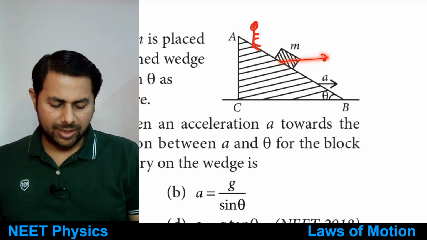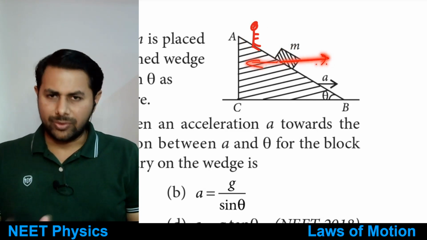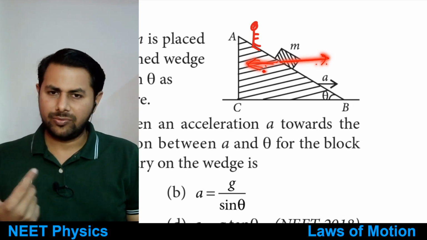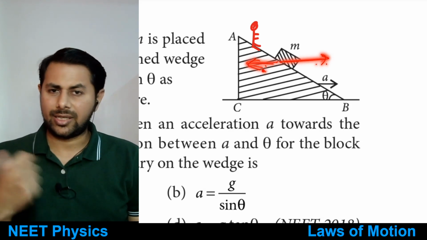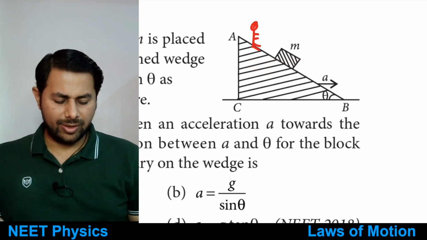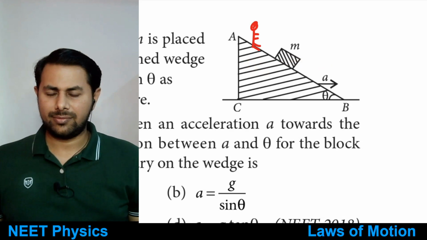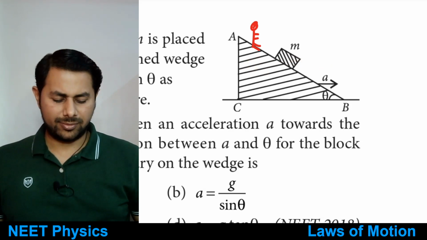For him, there is one component of normal reaction which is acting in this direction. So there must be another force acting on the mass also, which is acting in opposite direction. That is the pseudo force, right? So for him, the world is accelerating in backwards direction. This thing is clear? Yes, no?